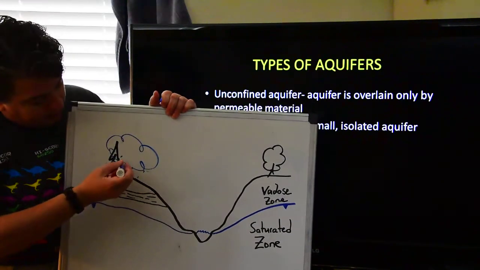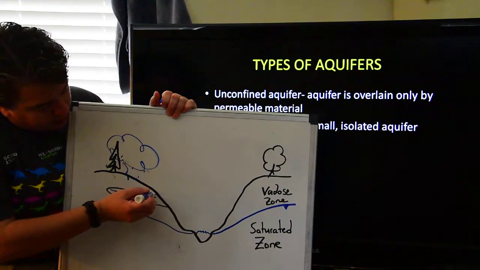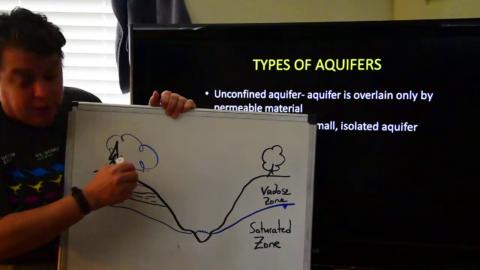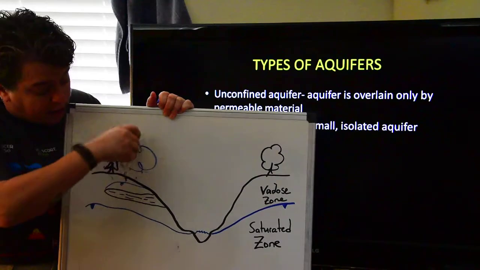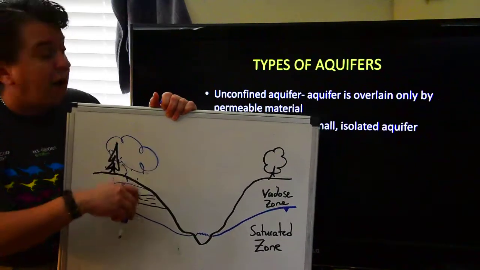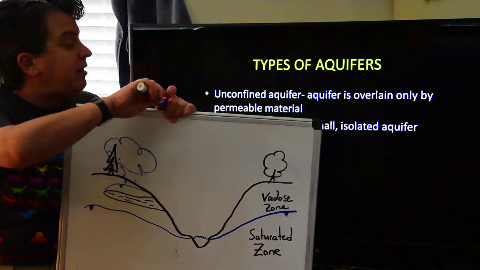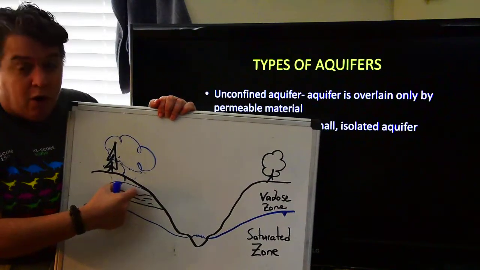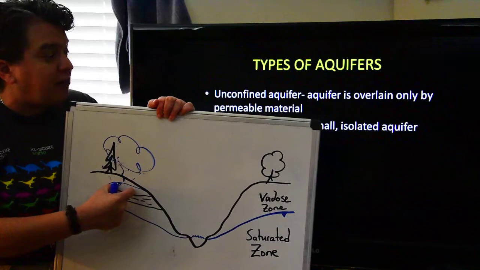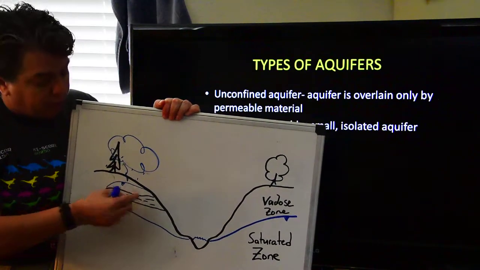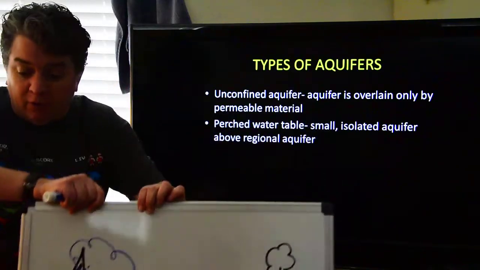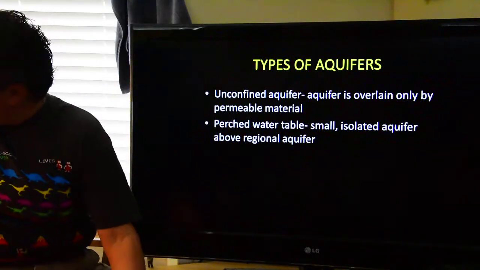Water infiltrates downwards, and it's going to get stuck right up here above that impermeable layer, right? It cannot go down any farther. That is called a perched water table. It's this small area of saturated sediment or rock above the main water table, above the main regional aquifer.